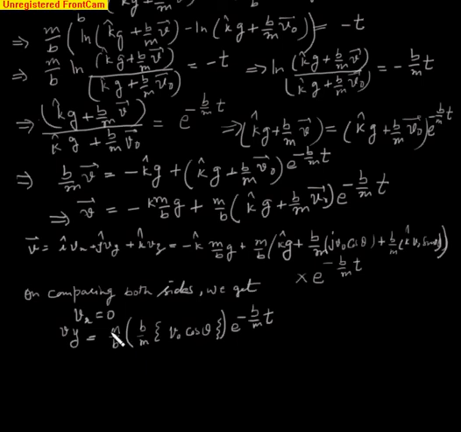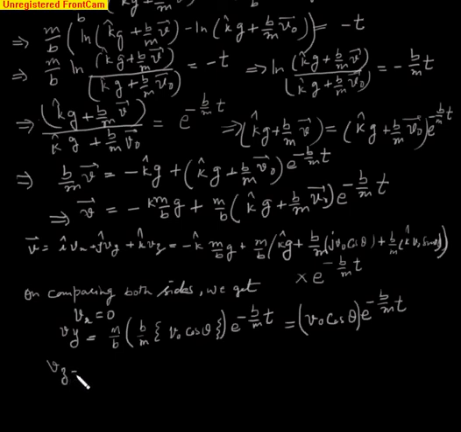Now you can see that b and m will cancel out, and it will give me v naught cos of theta into e to the power minus b over m into t. Here we can put a bracket so that it will be separate.